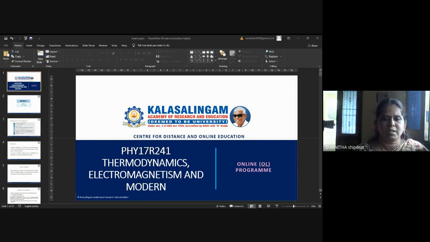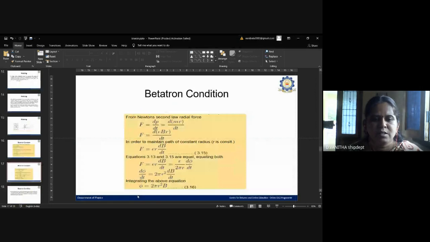So, we can get that the flux with respect to time is equal to 2 pi r square dp by dt. By integrating these equations, we get 2 pi r squared into v. So this is called the Betatron condition. I will derive that once again.